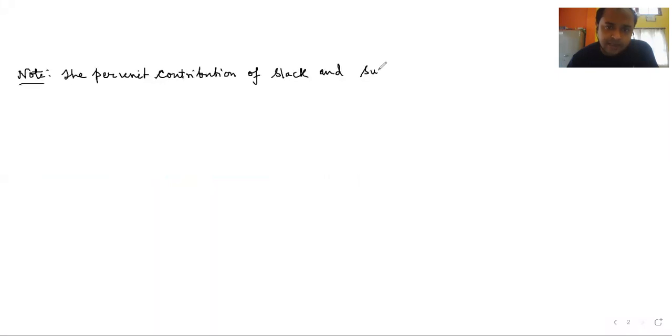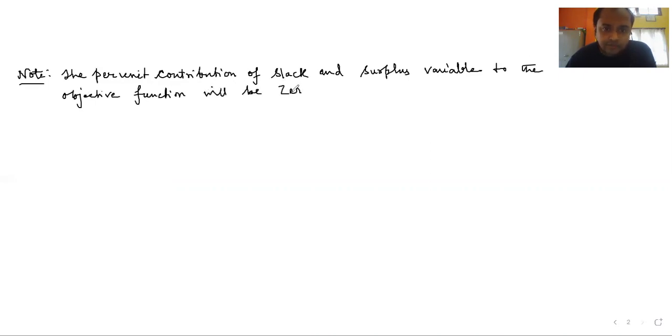Now, let us write this note. The per unit contribution of the slack and surplus variable to the objective function will be 0.